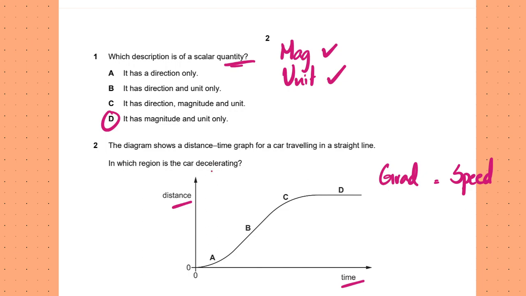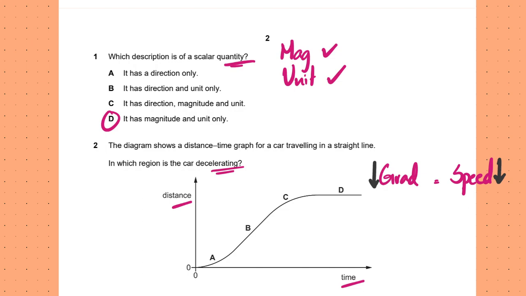Now, if you're talking about deceleration, we know deceleration of any kind means a decrease in speed. So we're looking for a region where speed is decreasing. That's deceleration. And on a graph, this means that this is a part where the gradient is decreasing. All right? So if we look at this part, this is where the curve is getting steeper.